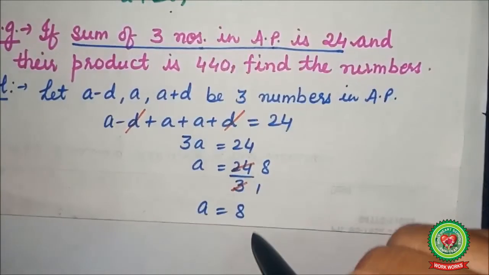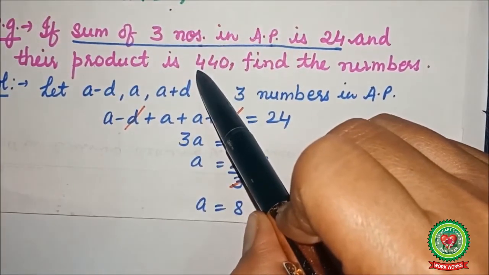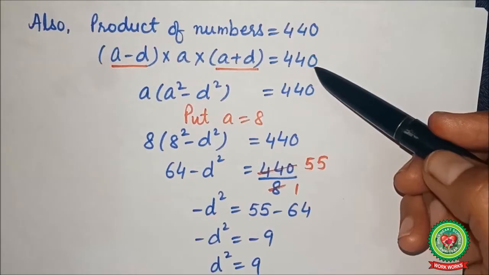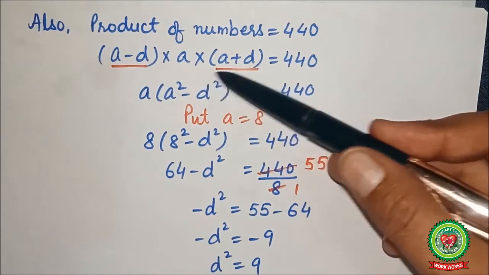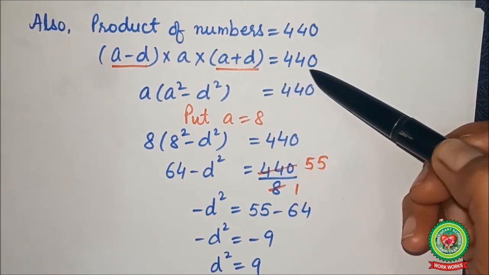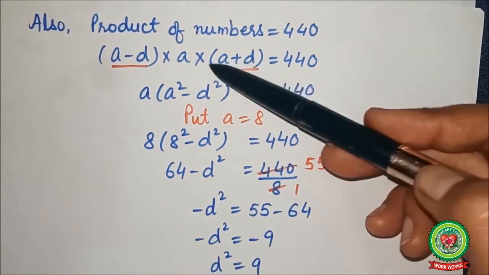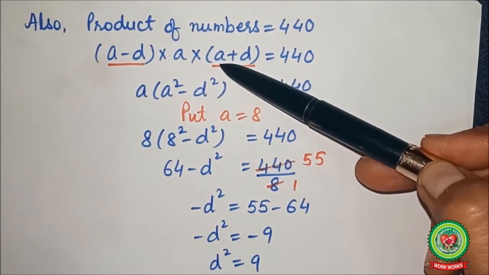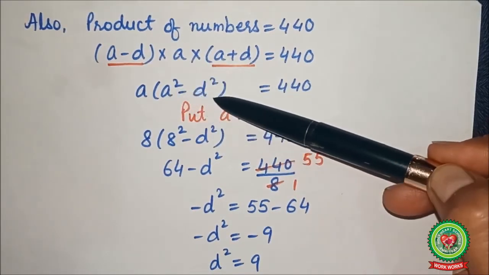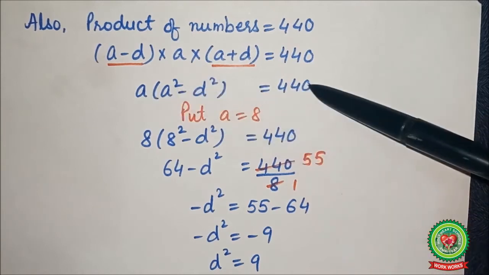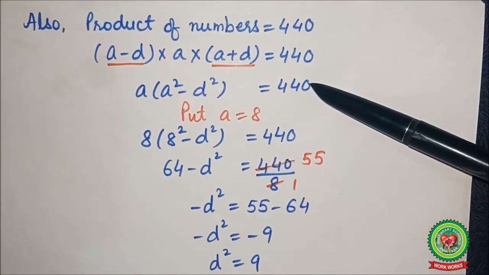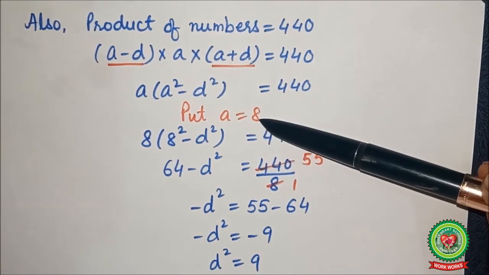Now, second condition they have given, product is 440. On multiplying these 3 numbers, we get 440. Now look at the first and the third number. They are forming an identity. a square minus d square multiplied with a is equal to 440. Put the value of a, that is equal to 8.